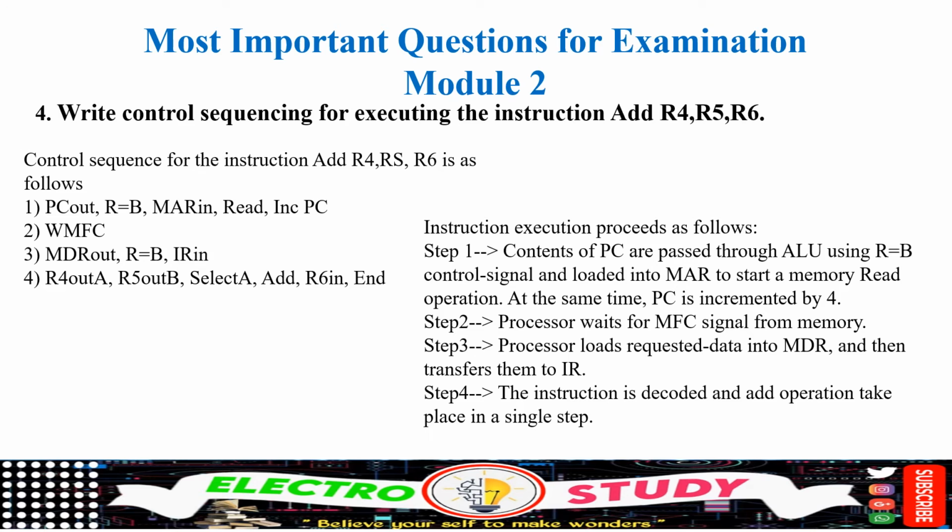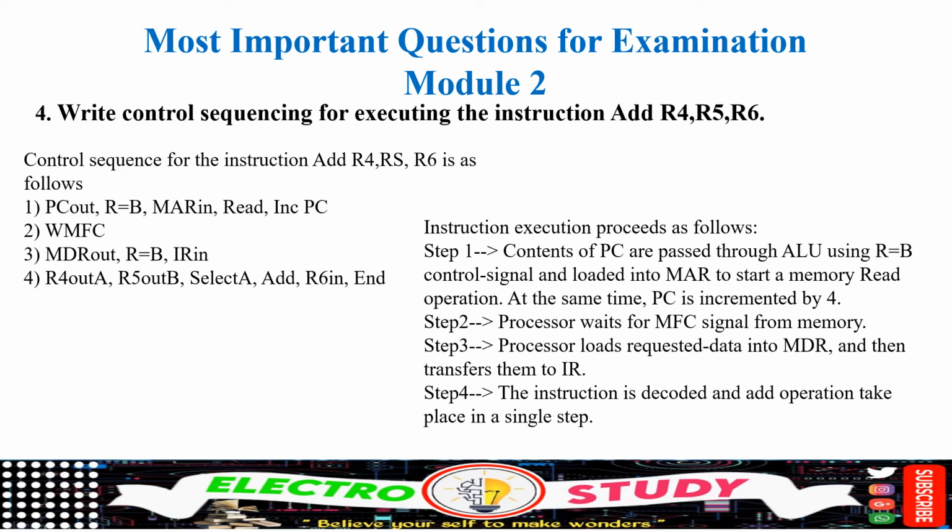Next question: write the control sequence for executing the instruction ADD R4, R5 and R6. I'll give you the steps for how it should be done. Here you can see PC out, that is, the program counter is output, and the register is mapped to another register B, then MAR in, and read.